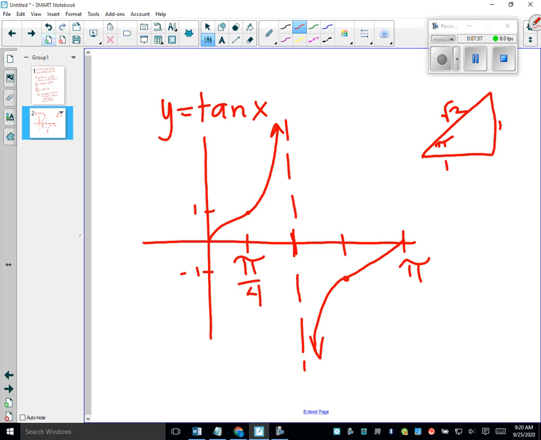Now, just out of curiosity, you have in your calculator y1 is y equals tan x, don't you? Leave that there, and as y2, put in 5 tan of x.